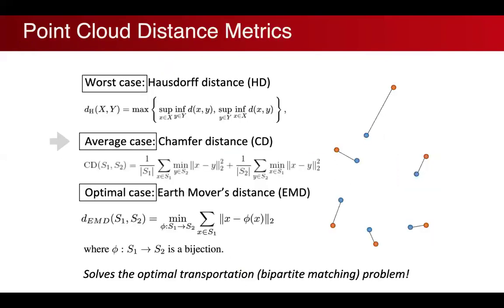There are different ways to compare point sets. We are going to use distance metrics for point clouds. There are three main ones that you can consider: one is the Hausdorff distance, the other is the chamfer distance, and the other is the Earth mover distance.